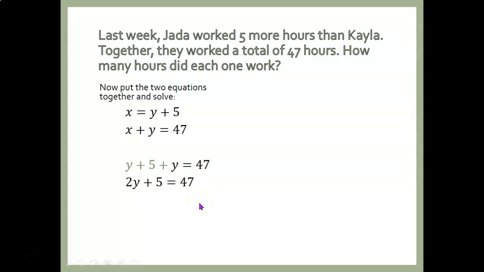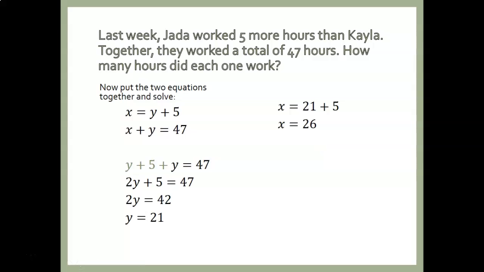Then subtract 5 on both sides, 2Y equals 42. Divide both sides by 2, Y equals 21. And then what about X? Well, now that we have this number for Y, put it in place of Y, and we get X equals 21 plus 5, so X equals 26.